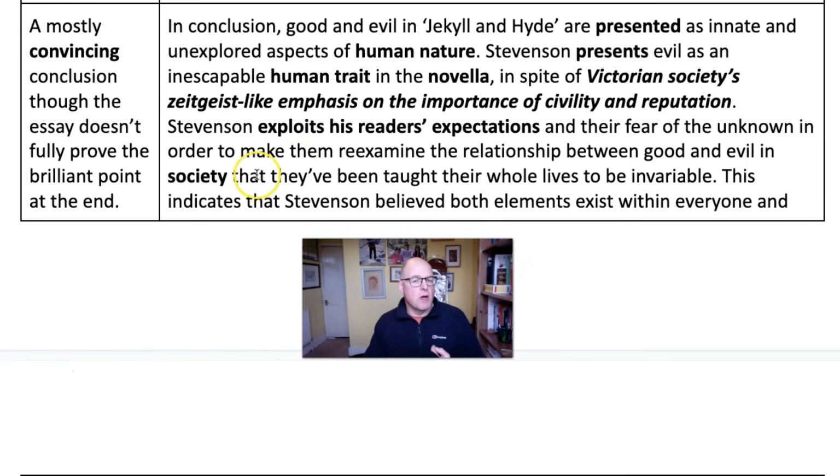So if we go back to Michael's conclusion, he argues that Stevenson presents evil as an inescapable human trait in the novella. And he could prove that at the end, because Jekyll cannot escape the evil of Hyde, which is why Jekyll dies first.